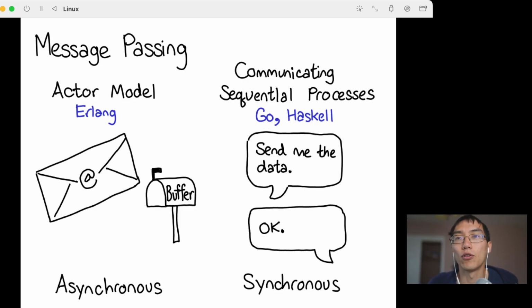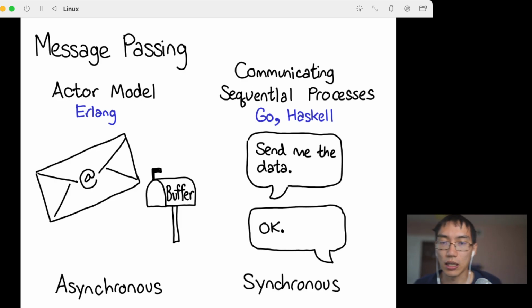The other method for message passing is so-called synchronous message passing, also known as the communicating sequential processes model. And in this model, it's a lot more like doing a handshake between 2 processes. So one process says, okay, I'm ready to receive the data. And the other process says, okay, here is the data.